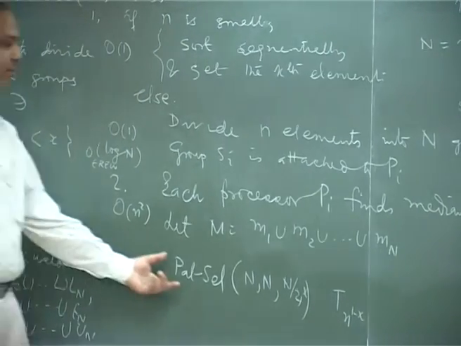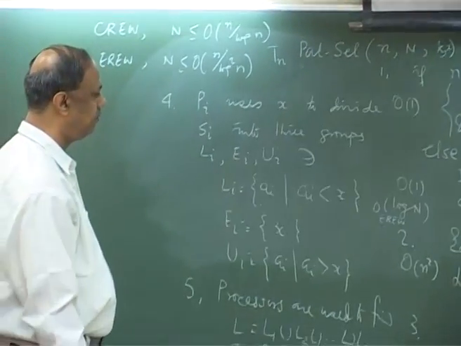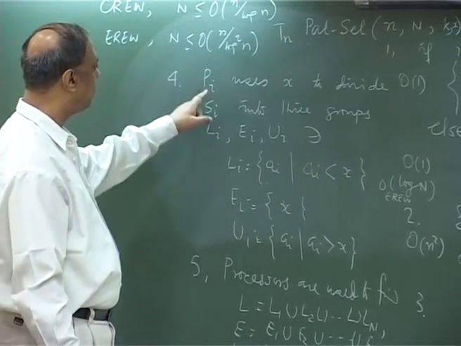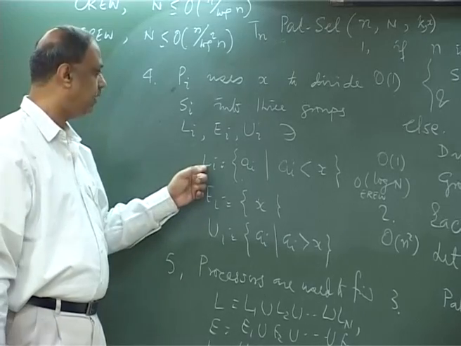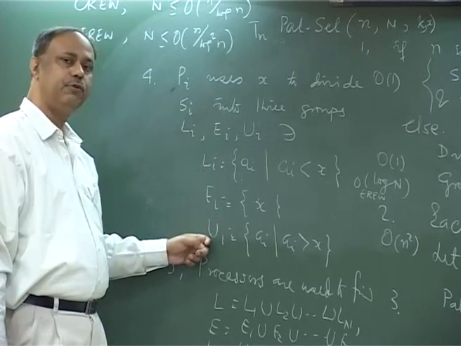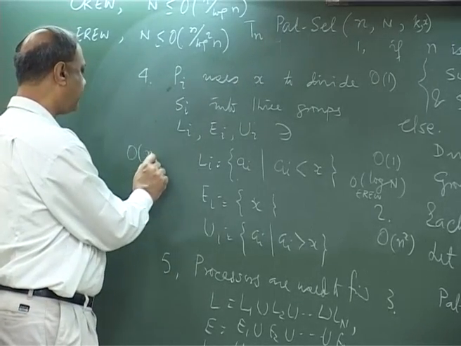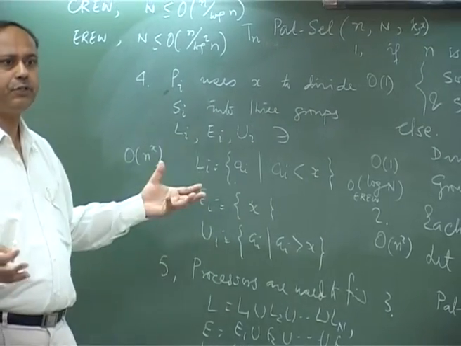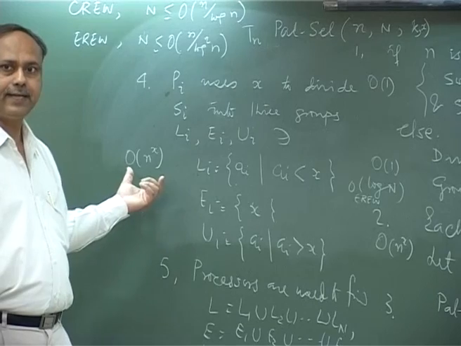Because the size is n to the power 1 minus x. Now, Pi is dividing its subsequence into Li, Ei and Ui. So this will take order n to the power x, because you have only n to the power x elements and you will be moving them here and there. Agreed?